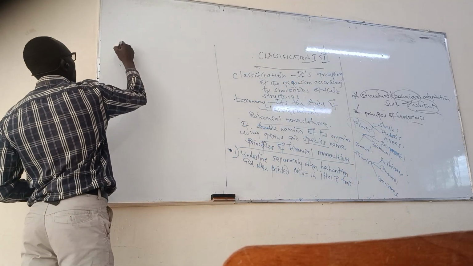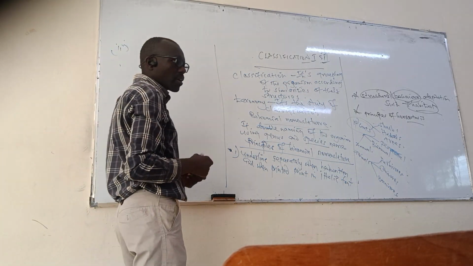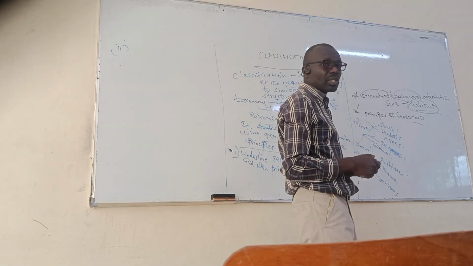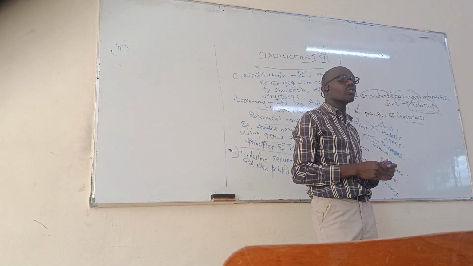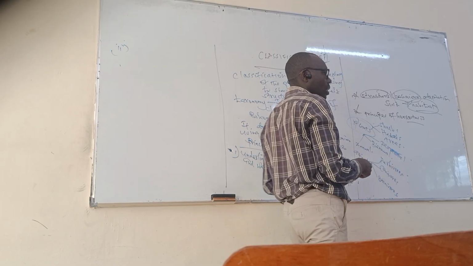The second principle is that the first name is the genus name and should start with a capital letter. The second name is the specific name or the species name and should start with a small letter.